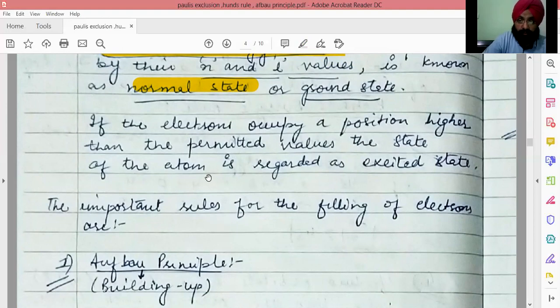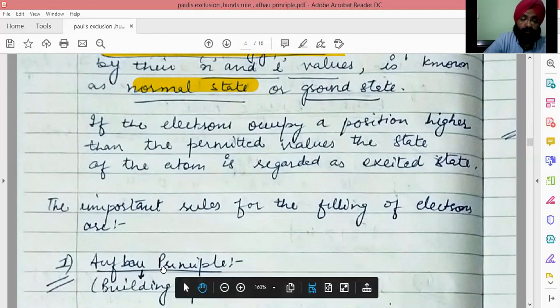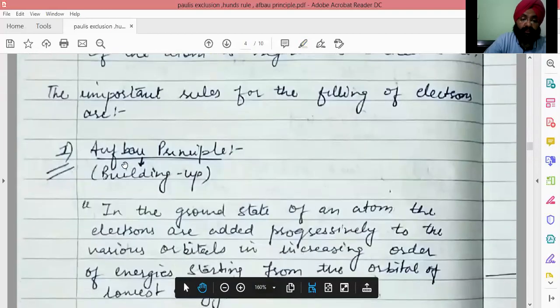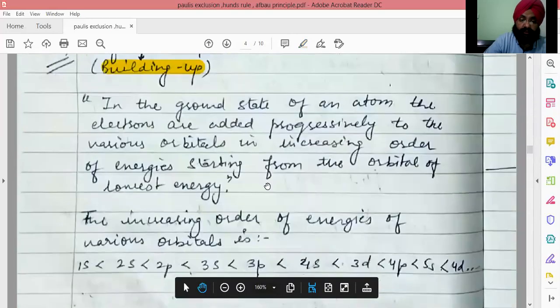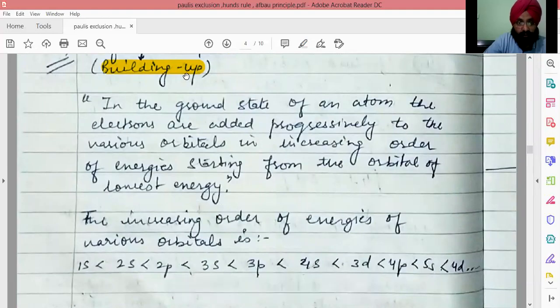Now, to distribute the electrons in the different orbitals, the first important rule is the Aufbau principle. Aufbau in German means building up. So, when we build up something, we start from the base, from the ground level. So what is the rule?